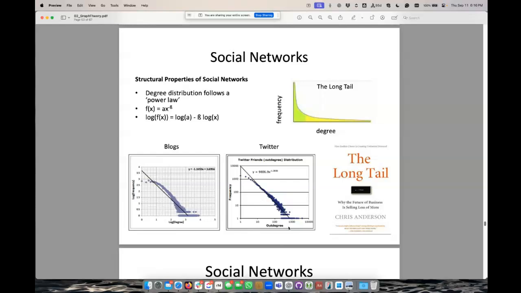You can see that on the x-axis we have out degree, meaning how many people you follow, and the frequency on the y-axis shows how many such individuals exist. So how many people with degree 1, how many people with degree 10 or 100, 1,000, 10,000, and so on. Again, this is a log scale. Similarly for frequency, you can see the number of individuals at 1, 10, 100, 1,000, and 10,000.